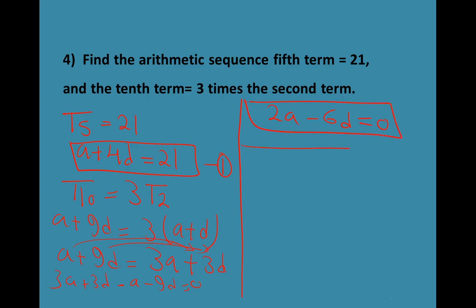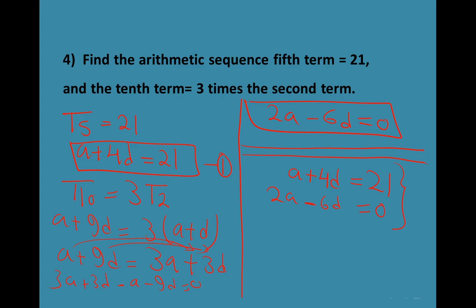I write these two equations. A plus 4D equals 21. Also the second equation is 2A minus 6D equals 0. You can solve these two equations by using your calculator. For the system of equations mode, I'll choose number 1.